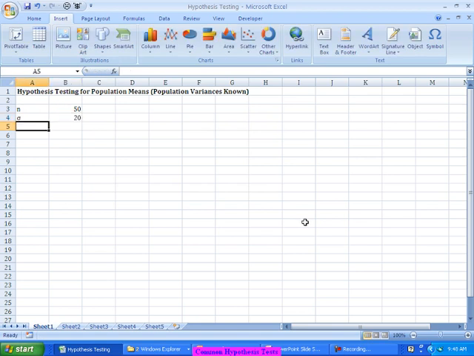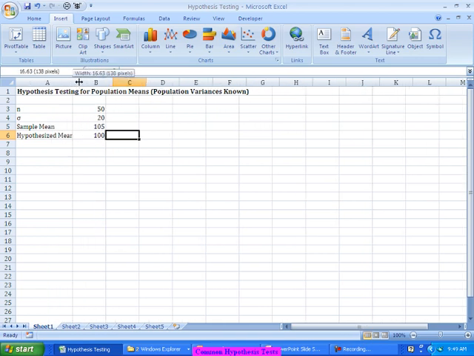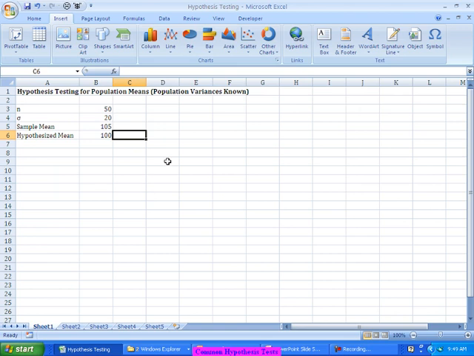The sample mean x bar is given to be 105 and the hypothesized mean is given to be 100. So this is the data that is given in the numerical. Now we can go with the test statistic. The test statistic in this case is x bar minus mu divided by sigma by root n. So what is our null hypothesis here?